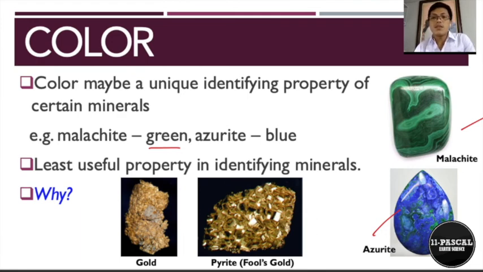An example of this, we have here in our slide, gold. Of course, it's yellowish. And then pyrite, which has more luster, it's more shiny.